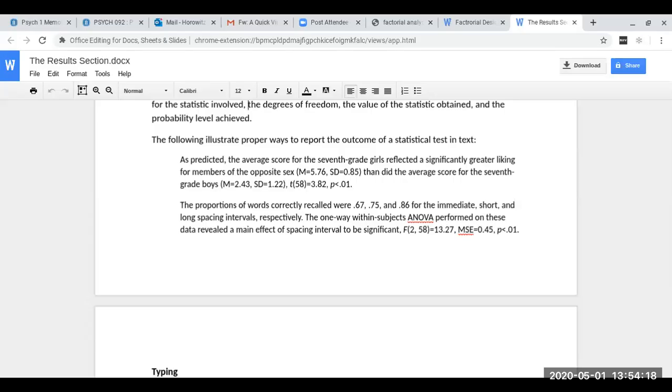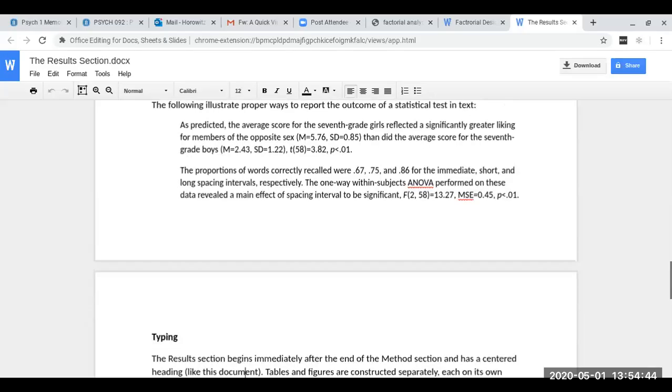Your p-value, again, is less than 0.01, which shows that these numbers were significantly different from one another, or at least 0.86 and 0.67 were significantly different. When you have more than 2 groups, what an ANOVA tells you is there is a difference. It doesn't always tell you where the difference is. It doesn't tell you if there's a difference between all 3 or all 4. It just tells you there's a difference between at least 2 different numbers.